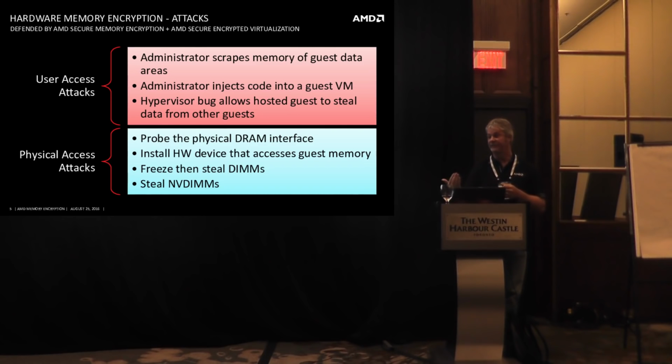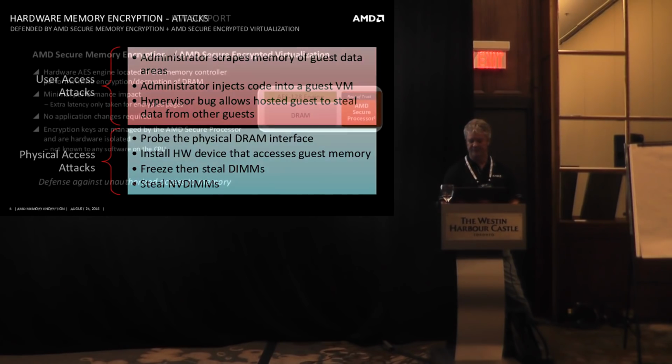With NVDIMMs coming out, that's going to make it even easier to physically get to some data. Secure Encrypted Virtualization works more against user attacks. We want to prevent administrators from being able to just look through guest memory, or hypervisor bugs that allow a hosted guest to steal the data from another hosted guest. These are the types of attacks that we're trying to defend against with this memory encryption.